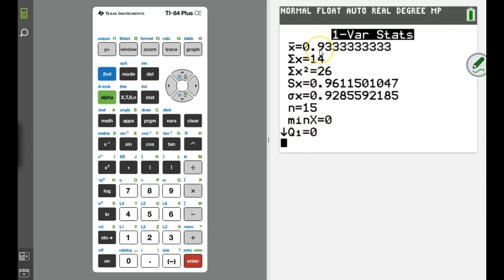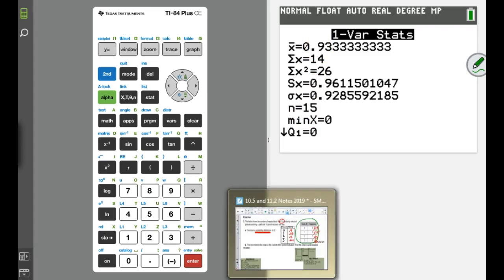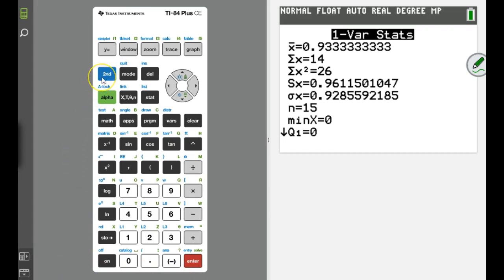Anybody get that? 0.9333? No? Because it doesn't ask you for a frequency list, right? I don't know if you can type that. Try typing one variable stats, stat, right arrow, one variable stats. But before you hit enter, is there a parenthesis there?